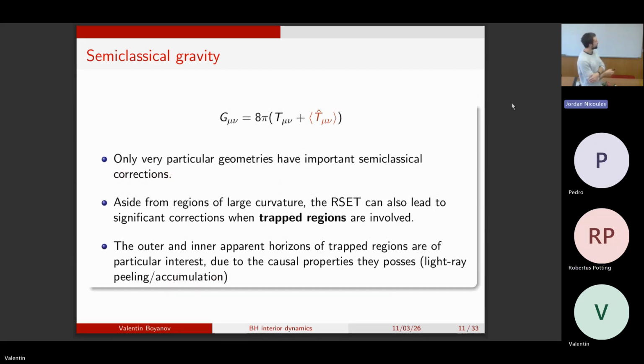But in some particular geometries, you can have significant semi-classical corrections, either because they accumulate over time or because of some nonlinear amplification. In particular, it's been found that you can have significant corrections around trapped regions, and this relates to the way, particularly around horizons, light rays and consequently modes of the quantum field behave, let's say, the peeling of light rays off of the outer horizon and the accumulation around the inner horizon.